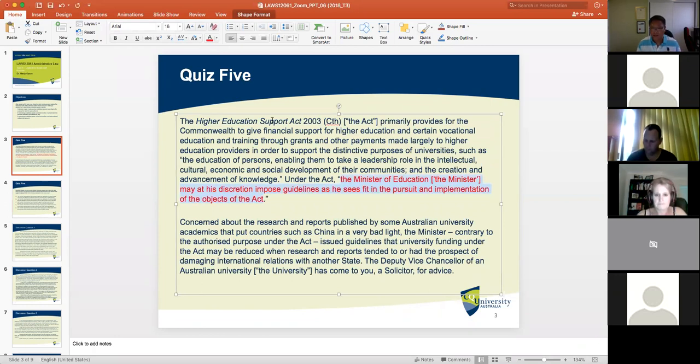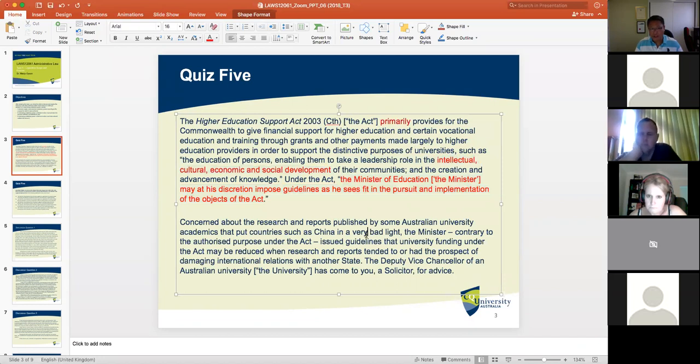So there is a broad discretion. And we know that as far as the primary purpose of the Act, because it says primarily, it also says that the primary purpose is to foster the intellectual, cultural, economic development of communities and so on.